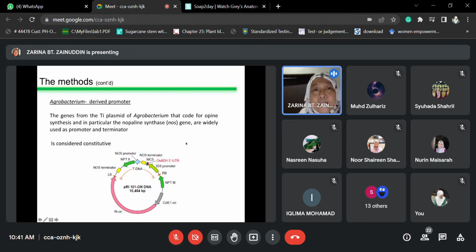Okay, is actually one type of promoter. There are different type of promoter that can be used. Listen carefully. I will explain the different promoter yang you boleh use to drive the expression of your gene of interest. One of them is promoter yang you isolate from agrobacterium.